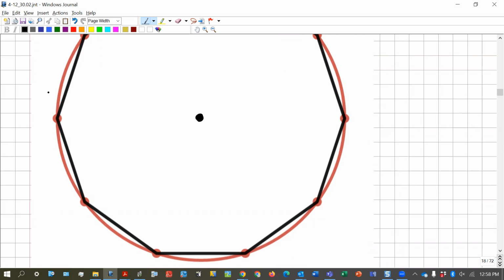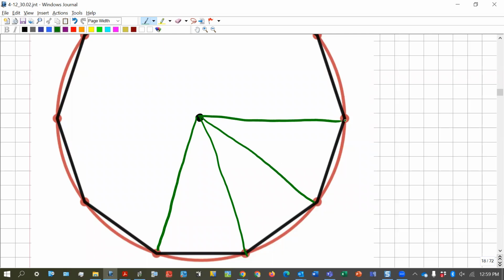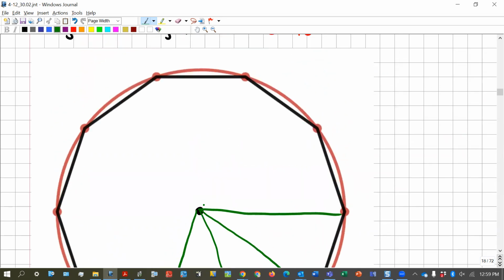And I could draw in the radius, a line segment from the center of the circle and the decagon.